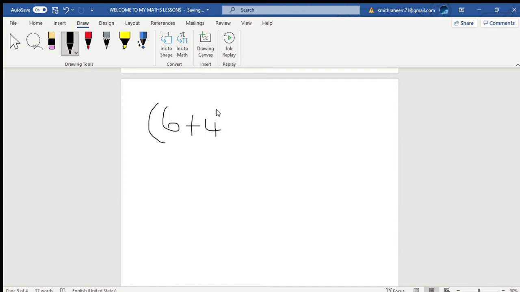We're going to close the bracket, plus 5 divided by 5.